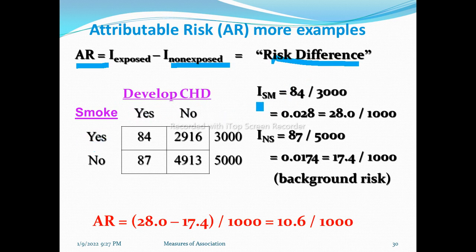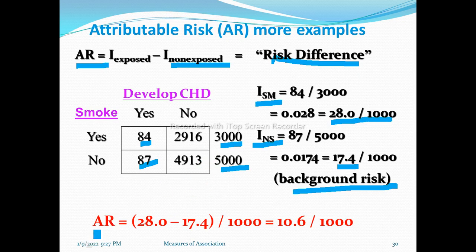The incidence in smokers is 84 over 3000, which is 28 per thousand. The incidence in non-exposed is 87 over 5000, which comes to 17.4. The incidence in the non-exposed group is known as the background risk.